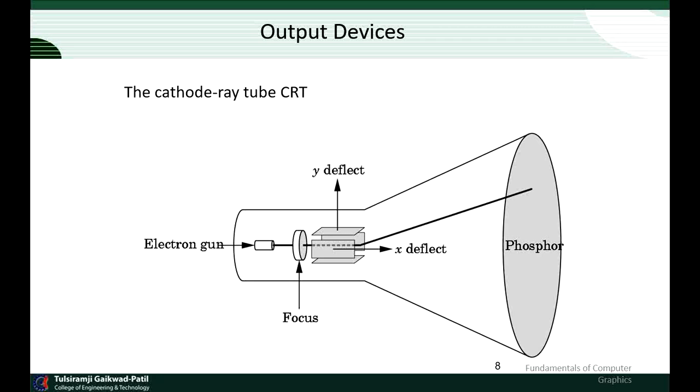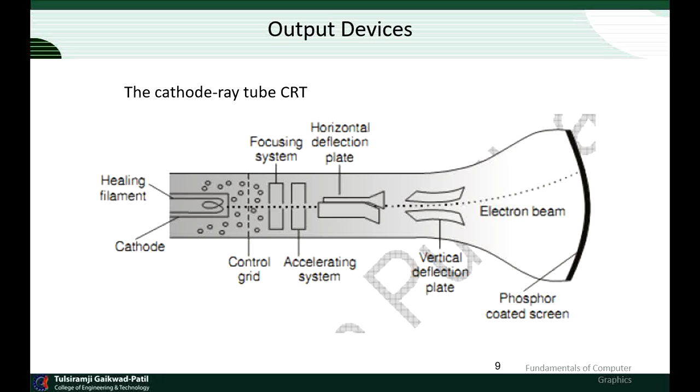So this is the basic idea behind the CRT. Now we will go into detail on how the CRT works and what the various components of the CRT display device or output device are. The cathode ray tube has various components, as we can see in this diagram. The first one is the heating filament at the leftmost side of the diagram, and with the heating filament, the cathode is also available in metal form.